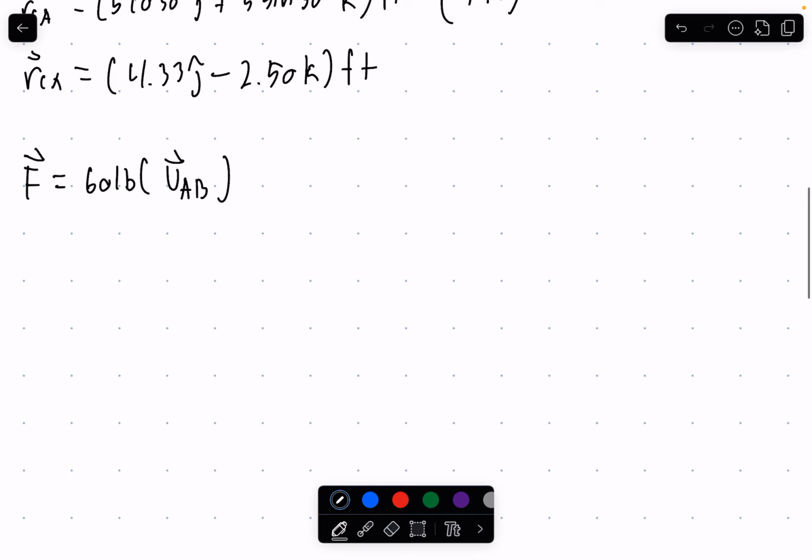Okay, and we know that unit vectors are going to be defined as the position vector to B minus the position vector to A, over the magnitude of the two.